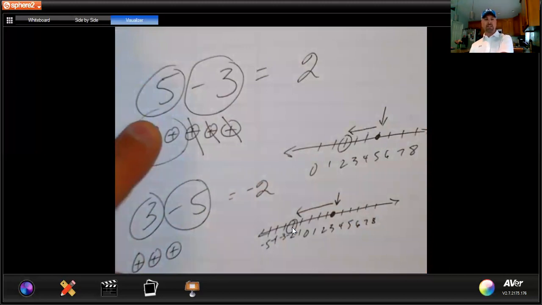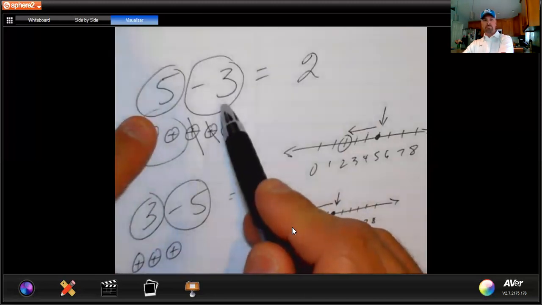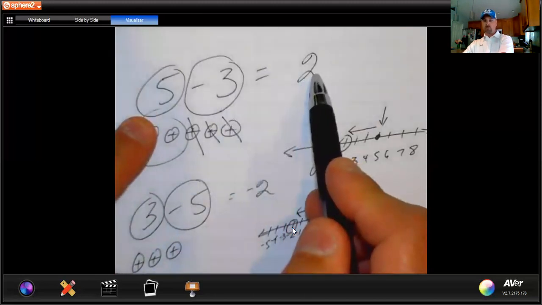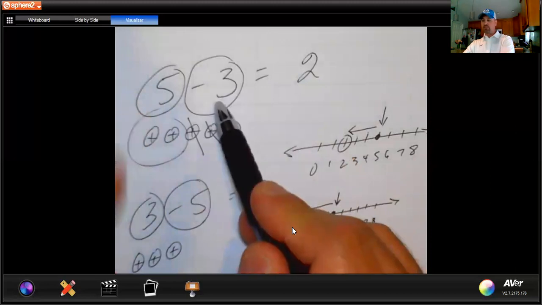So take a look, 5 and -3. If I put 5 and -3 together, that would be 2. They're different signs, so they cancel each other out. There's 2 more positives than negatives.